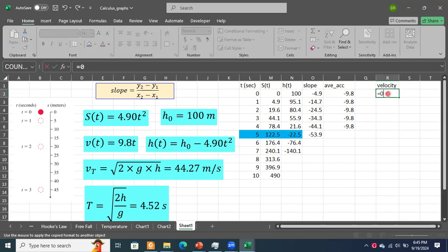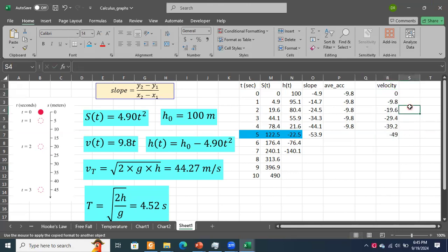So it is 0 minus 9.8 times the time value, and we can compute that for the time values of our interest. Virtually it can be computed for any time value.